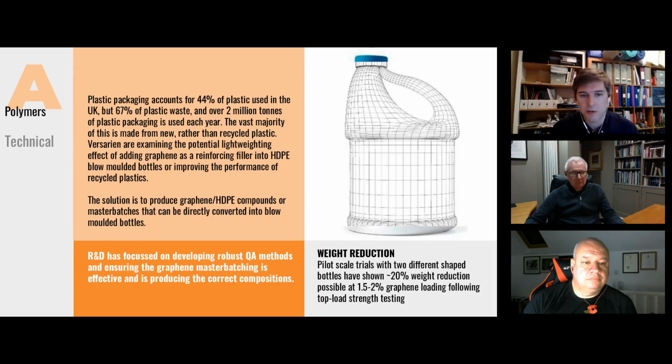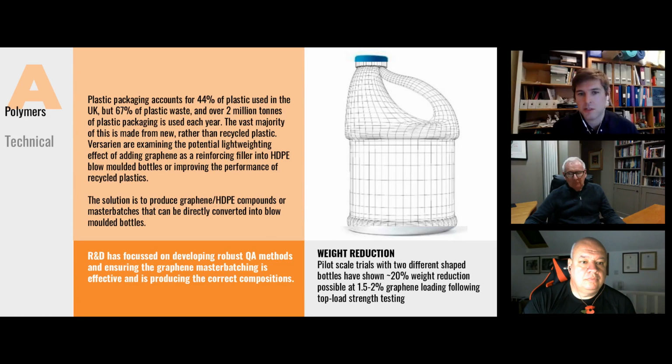And so what we're doing now is having to develop those methods that go alongside quality control, quality assessment, to make sure that when we do produce high loaded graphene master batches, we can get the same performance as if we were doing a small pinch of graphene in the final container.